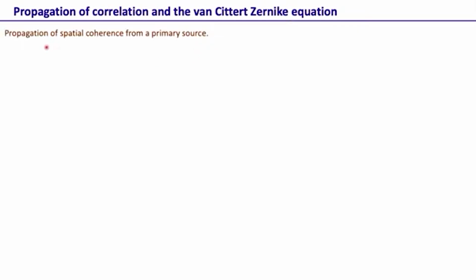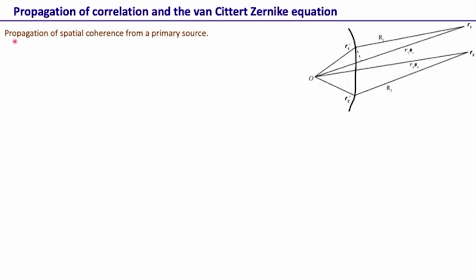Okay, so here we will actually get a little more particular. In this case we want to study how the correlation, the spatial coherence of a primary source, propagates from, let's say, one point to another point. So this is the primary source, and this is the origin, and r1 prime, r2 prime are the two points.